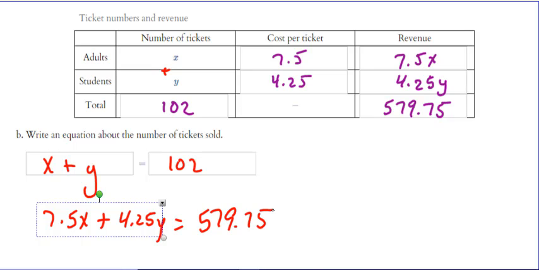If I could figure out how many tickets were sold as adult and how many were sold as students, then we can multiply them by 7.5 or 4 1/4, and that would give me $579.75.